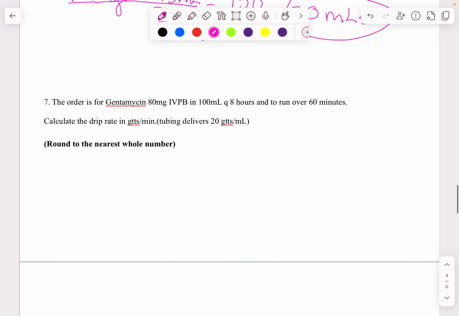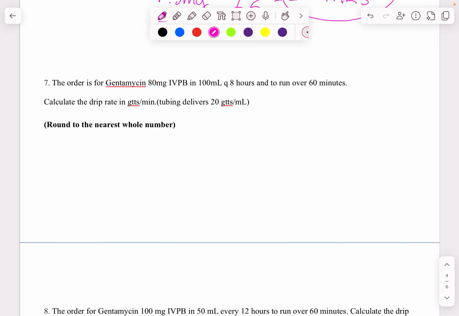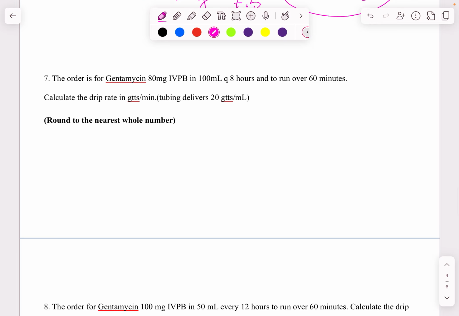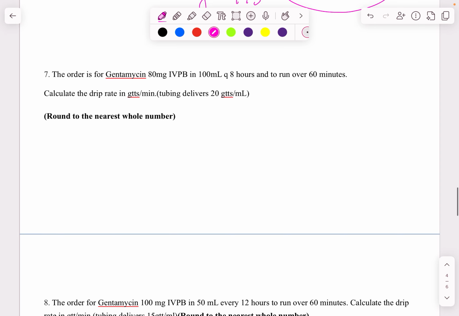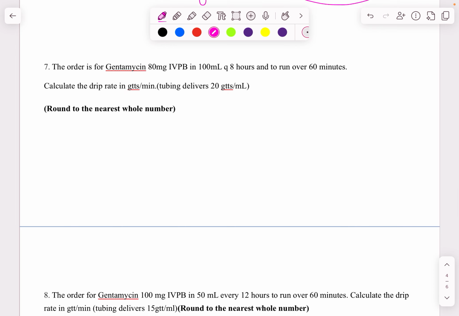Okay. Moving on. Problem 7. The order is for Gent, 80 milligrams IV piggyback in 100 mLs every 8 hours to run over 60 minutes. Calculate the drip rate in drops per minute. The tubing delivers 20 drops per ml. Okay, so we know we want minutes here.